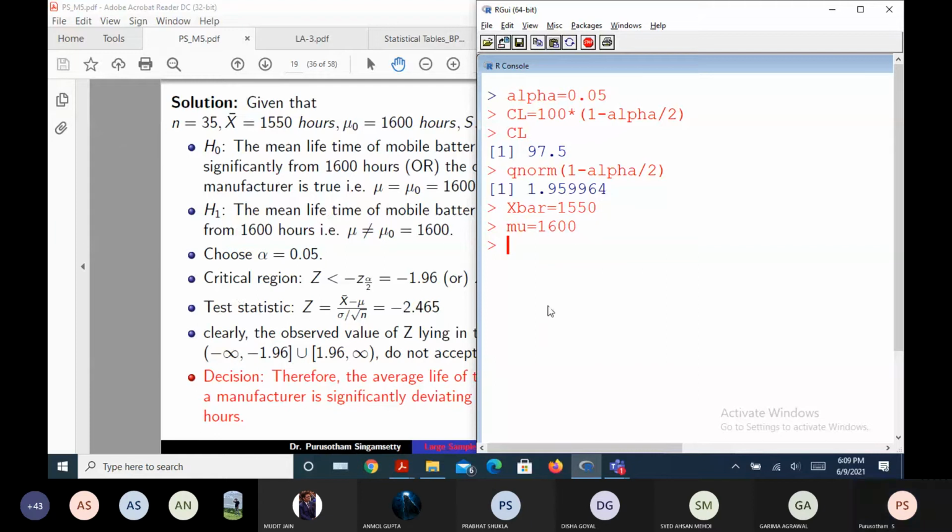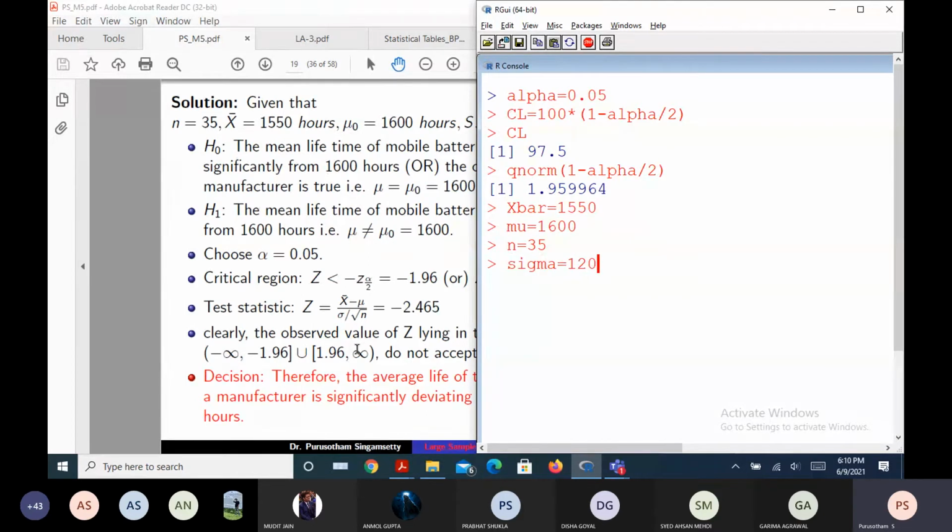And in the R program, you are going to start with the input parameters: x bar. What else is there? n is equal to 35. Alpha is already defined. Then we need to go for the test statistic Z. This Z is equal to, what is the formula? Sorry, I did not define the standard deviation sigma.